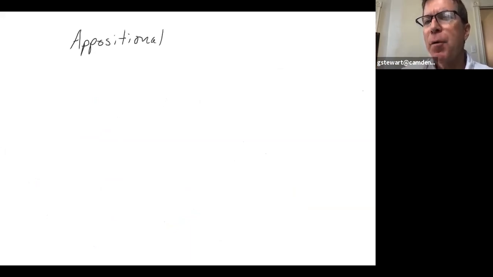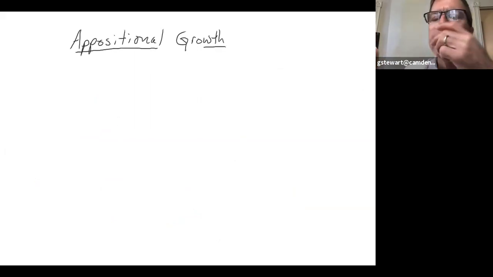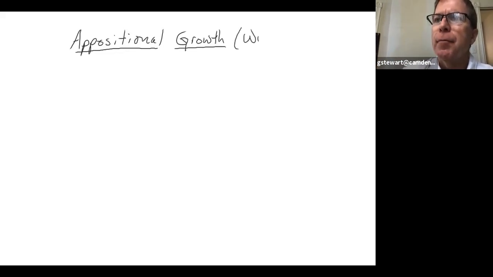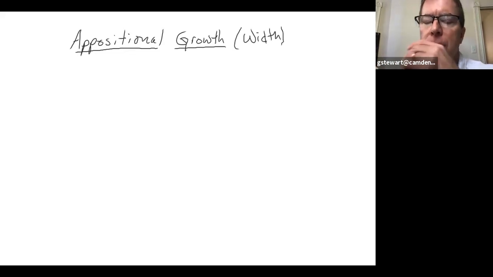Sometimes I say apositional growth, just to remind students that it begins with an A. Correct pronunciation is most likely appositional growth. This is how a bone grows in width. It's more complicated than your book describes, but I'll try to stick to the easy version. It's fairly straightforward and simple.